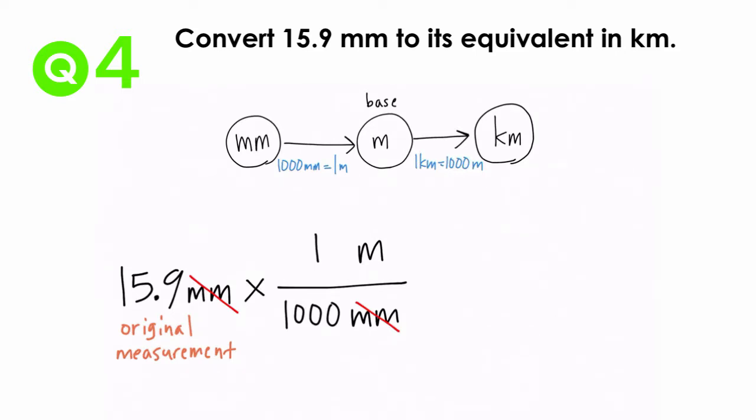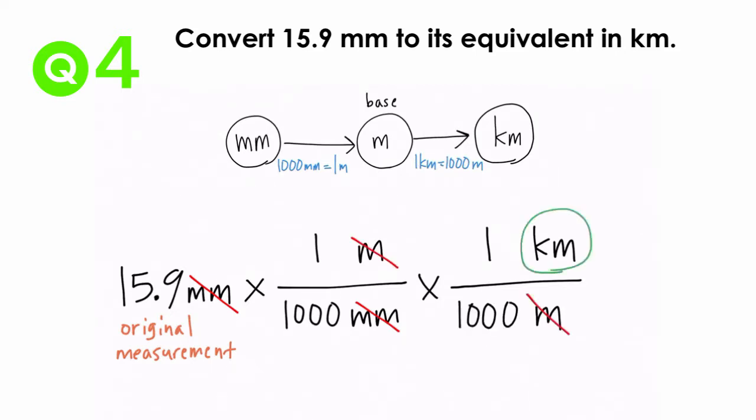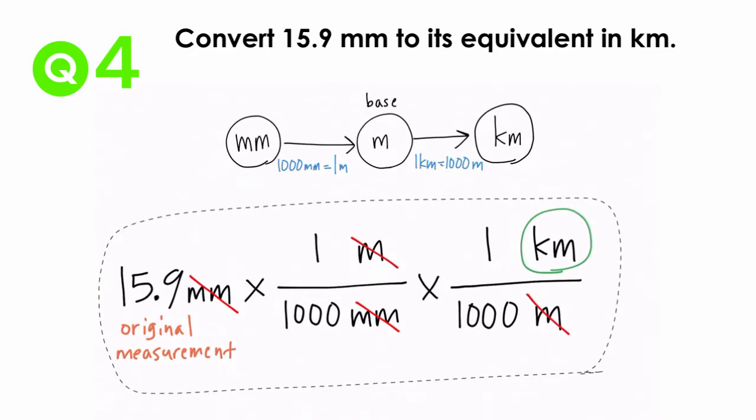Either one is fine. Next, we want to convert from meter to kilometers. So we want to get rid of meters, so we put meters on the bottom and kilometers on the top. What's the relationship? 1 kilometer is equal to 1000 meters. The rest is calculating the numbers in the calculator.